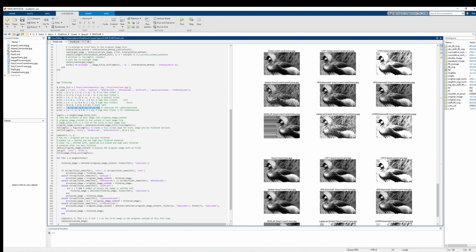You can see we also have the vertical and horizontal filtering, which is going to be high pass vertical and high pass horizontal, which is going to highlight the vertical and horizontal edges.